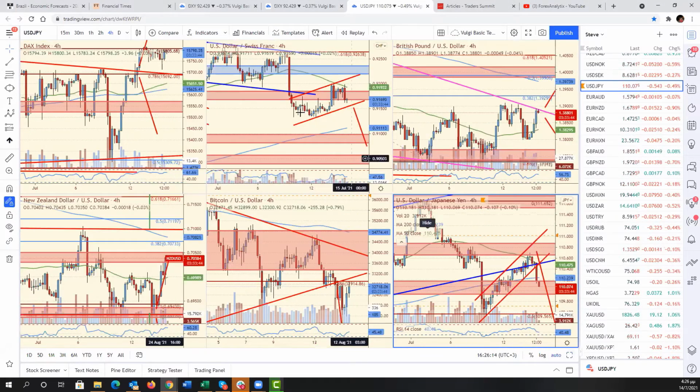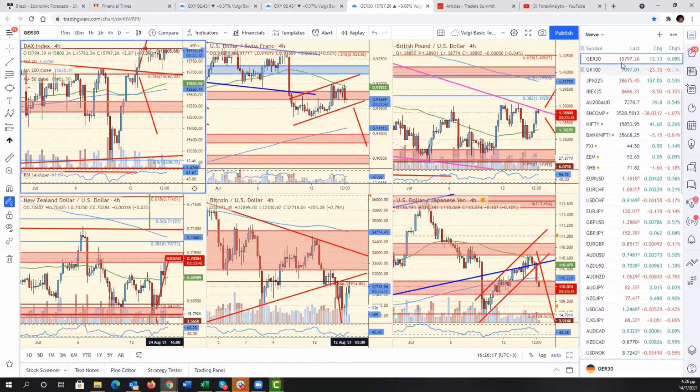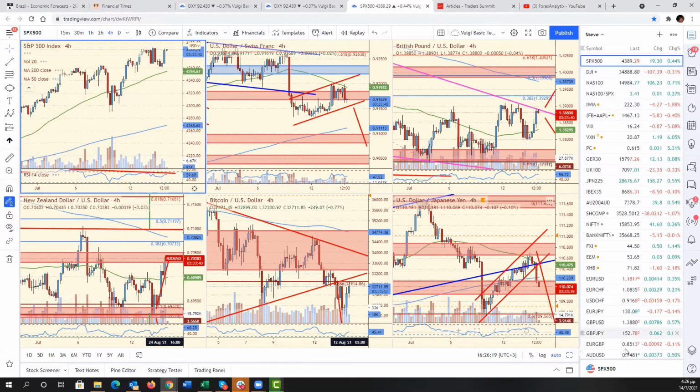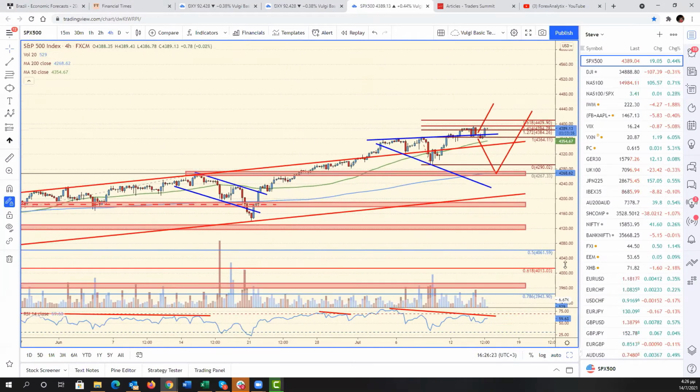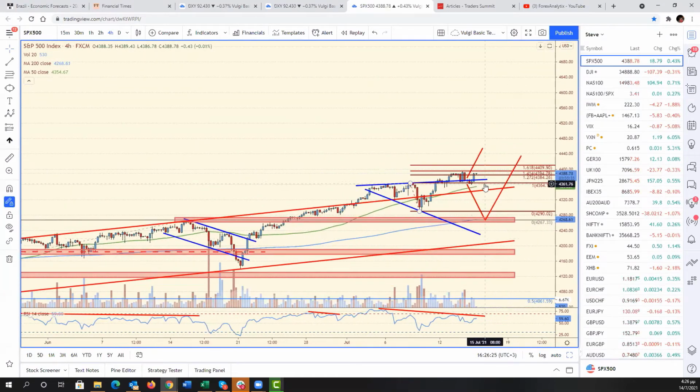And last but not least, before we get Gregor, support for the S&P in the very short term is this recent low from this tiny pullback we got at 43.60.